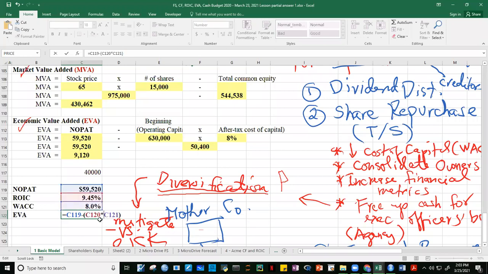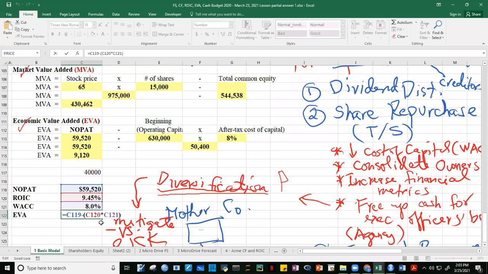But why do we multiply this? Sir, that's what I saw in the formula. This will go back to 59,520. So you're saying it's NOPAT minus ROIC times WACC? Yes, sir.